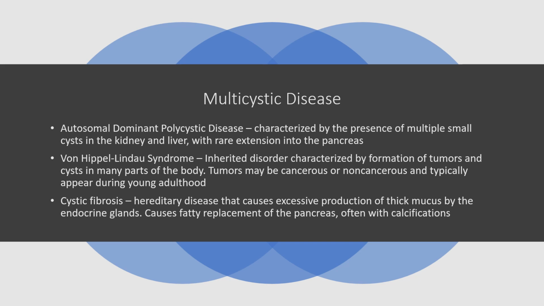Von Hippel-Lindau syndrome is an inherited disorder, and we're going to see it characterized by the formation of tumors and fluid-filled sacs in many parts of the body, but they do affect the pancreas as well. The tumors can be non-cancerous or cancerous, and mostly they're going to appear during young adulthood, but the signs and symptoms can occur anytime throughout life.